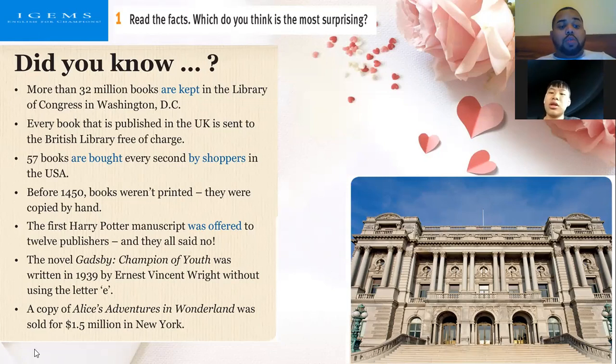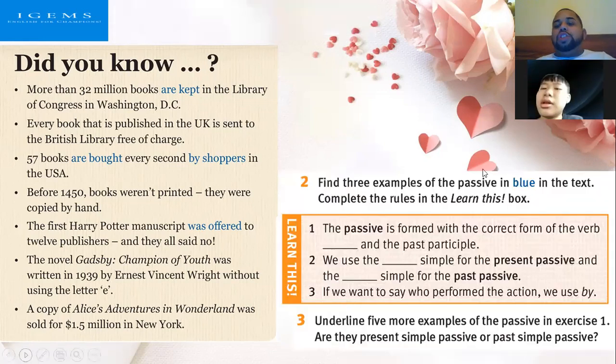So now let's go to exercise number 2. In exercise number 2, we are going to find 3 examples of the passive in blue in the text, and then we are going to complete the rules in this Learn This box. Just listen carefully.